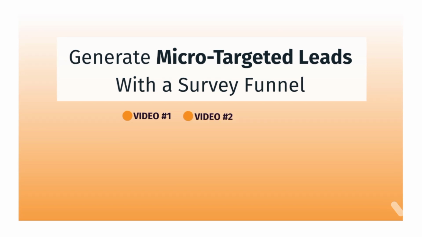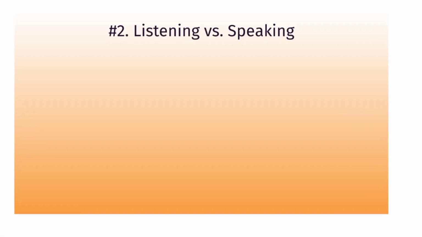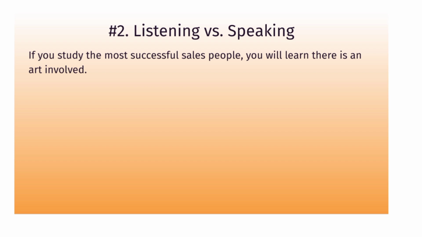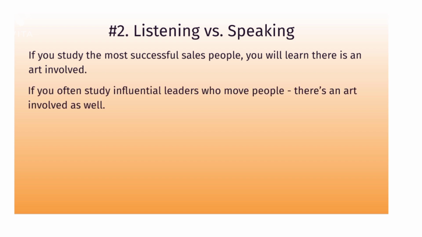Hello and welcome back. This is video number 2. We're going to talk about listening versus speaking. If you study the most successful salespeople, you will learn that there is an art involved. And if you study, for example, influential leaders who move people and have people following them, there's an art involved as well. If you think about leaders, there are several different types of leaders.